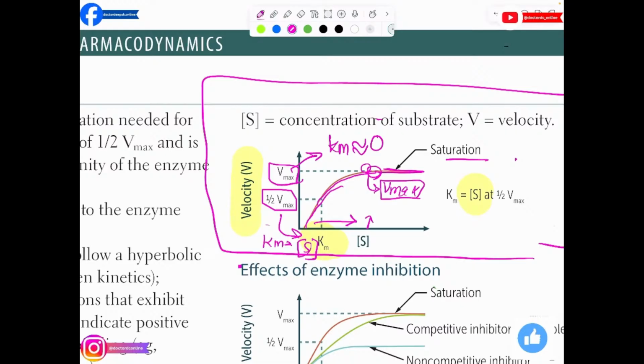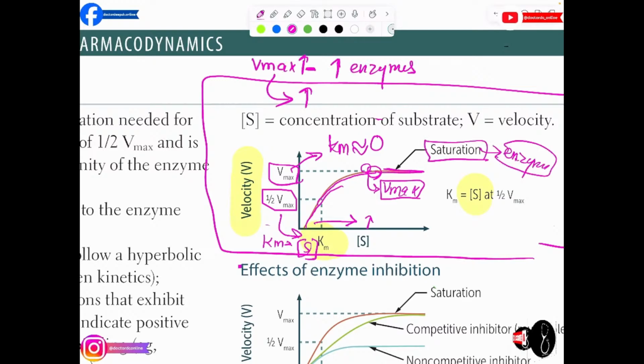This is a specific point. You can't change the Vmax by substrate, but the Vmax can be increased by increasing the concentration of enzymes. The Vmax will not increase by increasing the substrate.